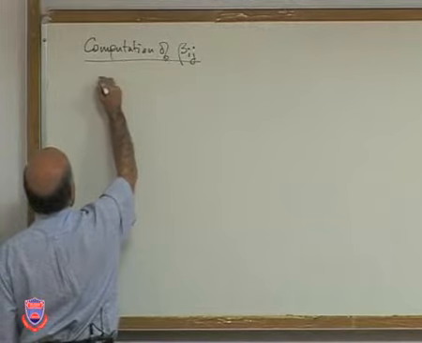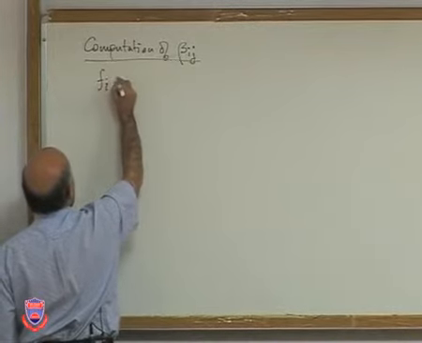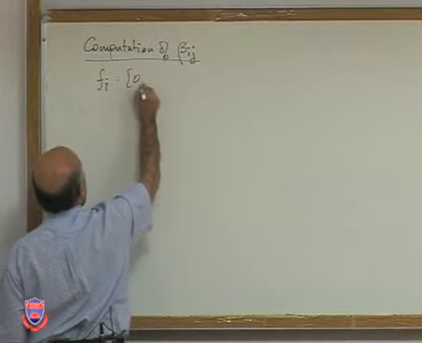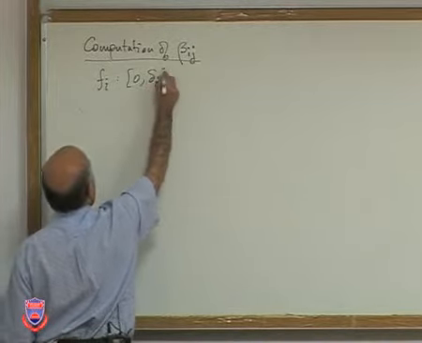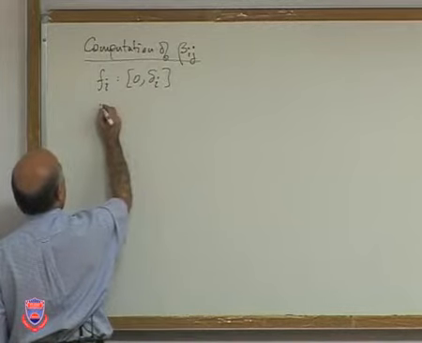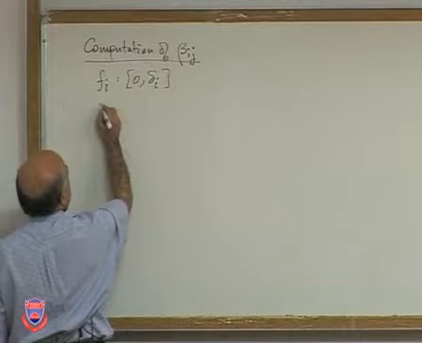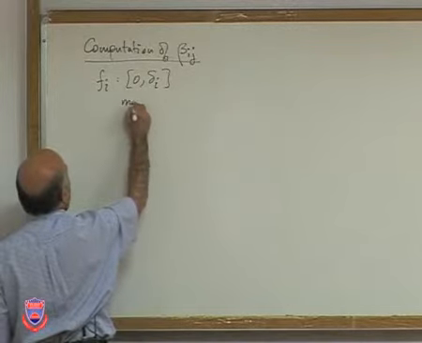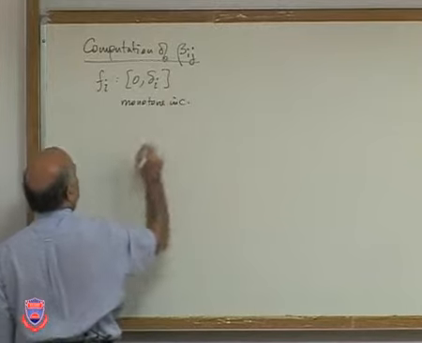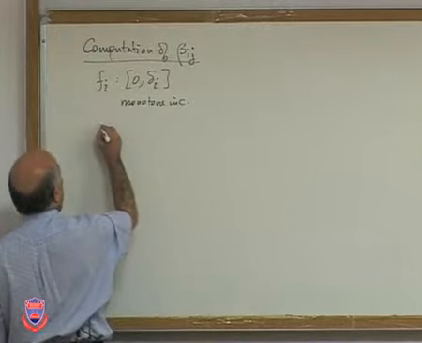Now, we had fj's with domains 0 to delta j, and fi with domain 0 to delta i, and we have a monotone increasing function in this domain. We also have upper bounds.